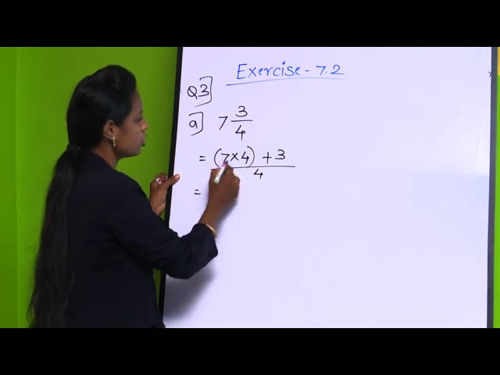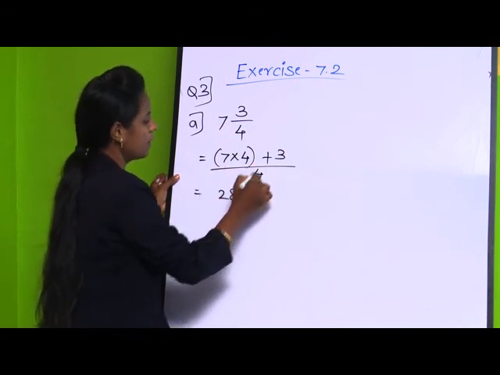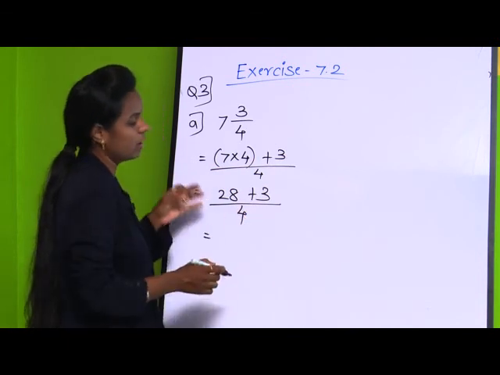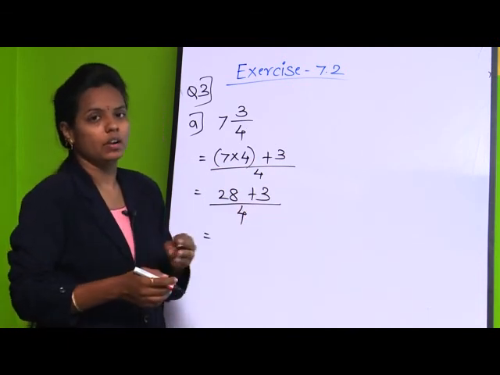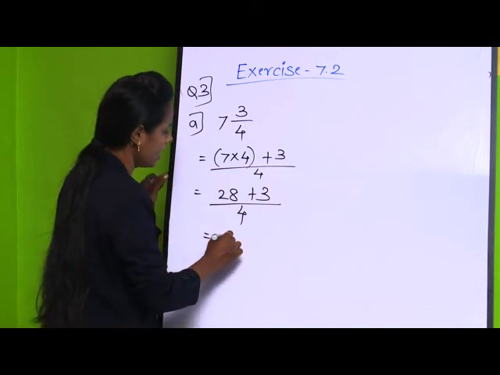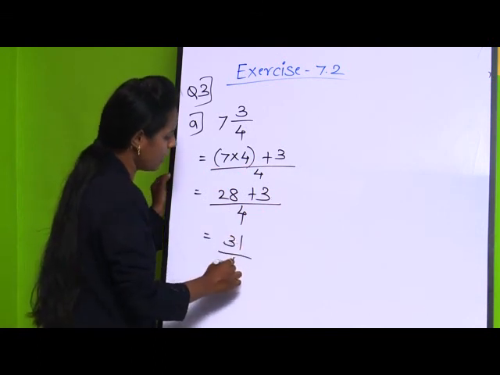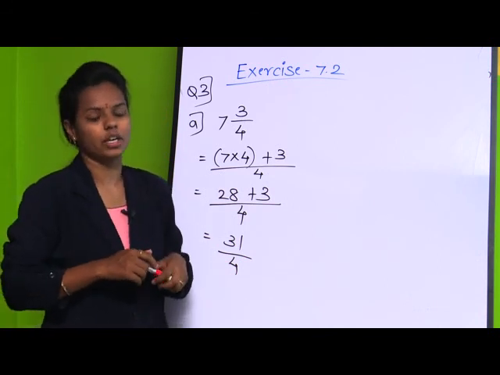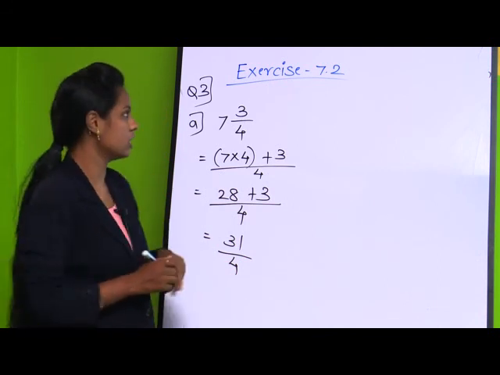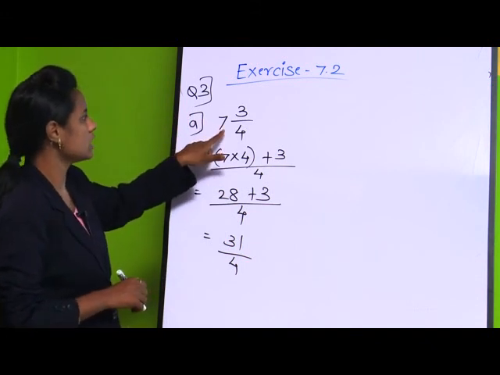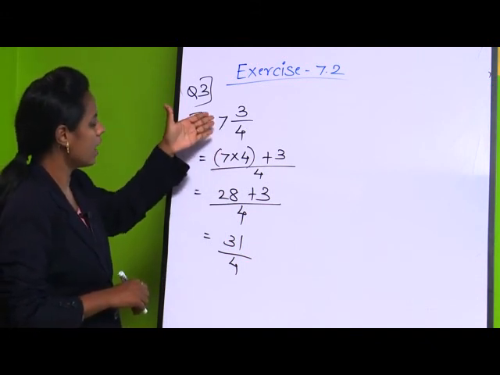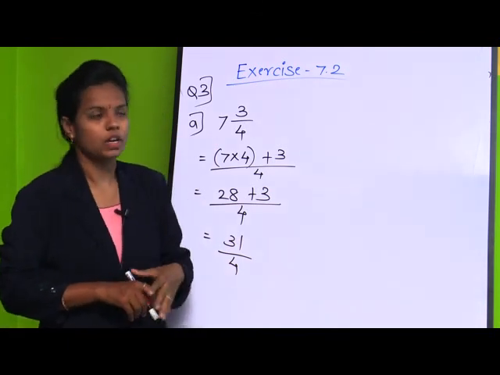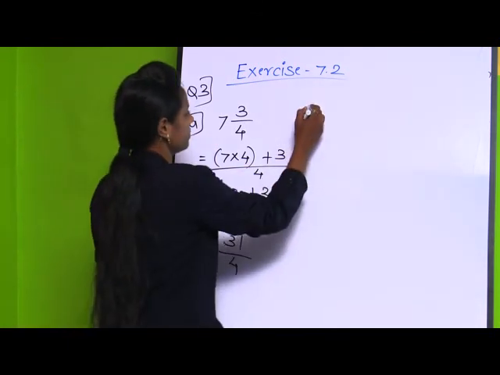So, 7 4s are 28 plus 3 by 4. 28 plus 3 is 31. 31 by 4 is the improper fraction. It means this was the mixed fraction and we have converted it into improper fraction. We will see a few more examples of this.